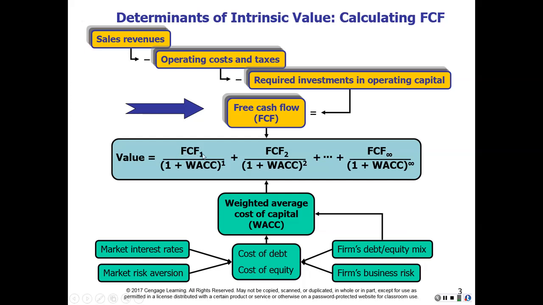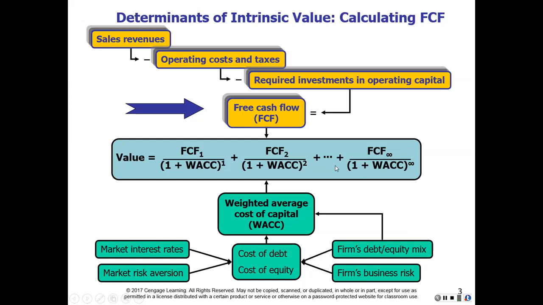So FCF1 is next year's free cash flow, FCF2 is the year after's free cash flow, etc. And of course, the company doesn't really have an expiry date, so theoretically we are looking into an infinite amount of cash flows in the future.